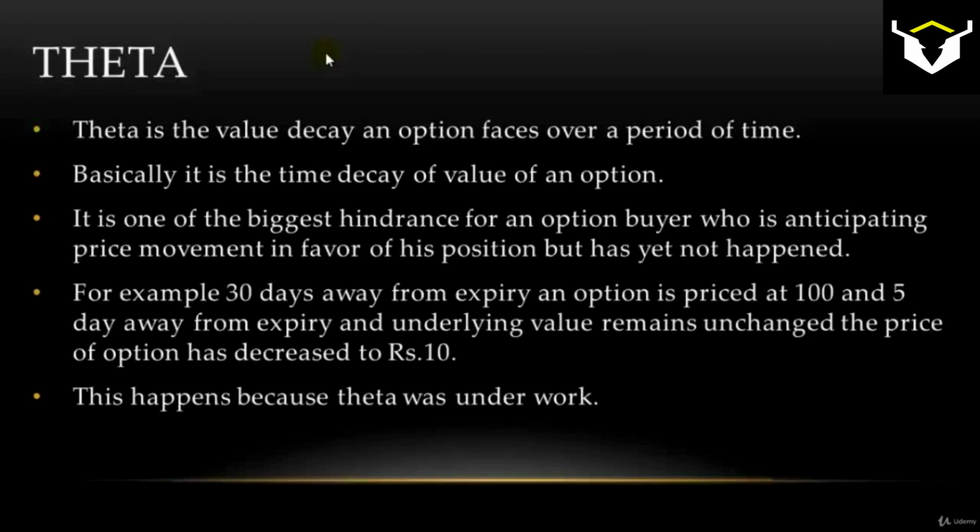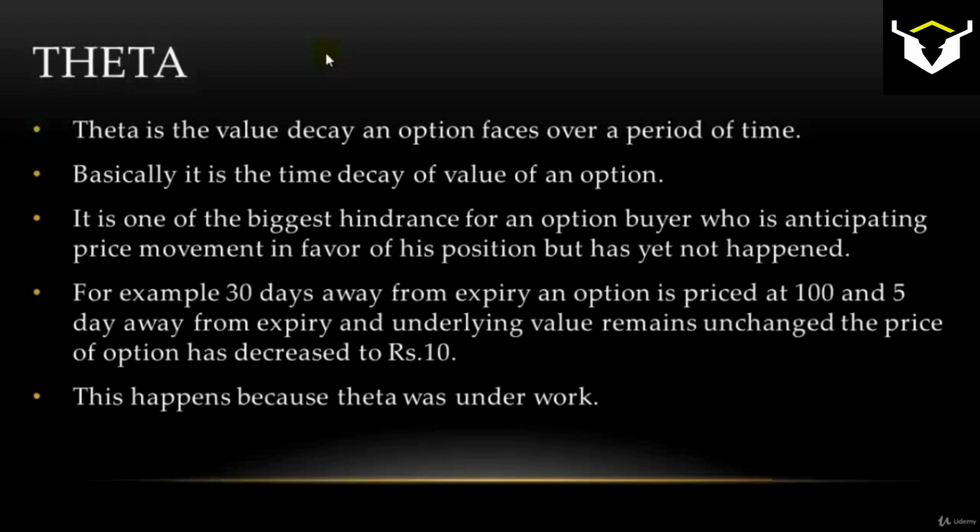As I have given the example, 30 days before expiry, if an option contract is priced at 100, the same option contract will be priced at 10 rupees 5 days before expiry. And that happens because of theta, because there is less time left for expiration of that option contract. So there is less time available for a trader to carry the option contract.